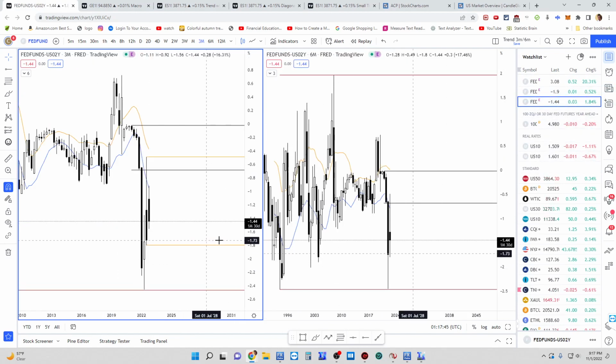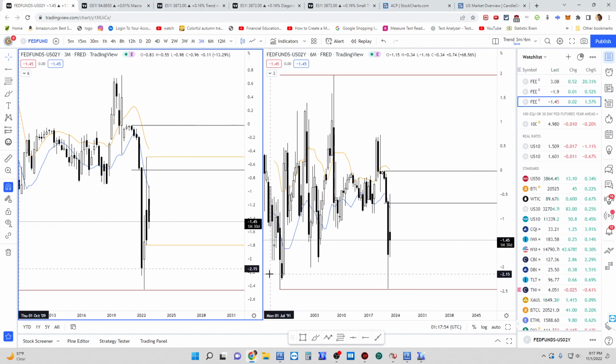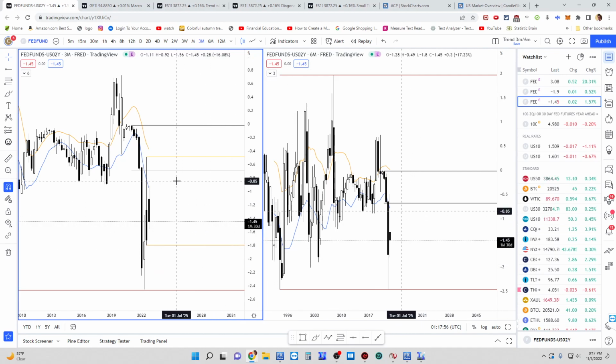Okay, so the Fed has to hike rates 1.9 points. If we were to go by the 2 year, it would be 1.45 points. So we still have some more rate hikes.